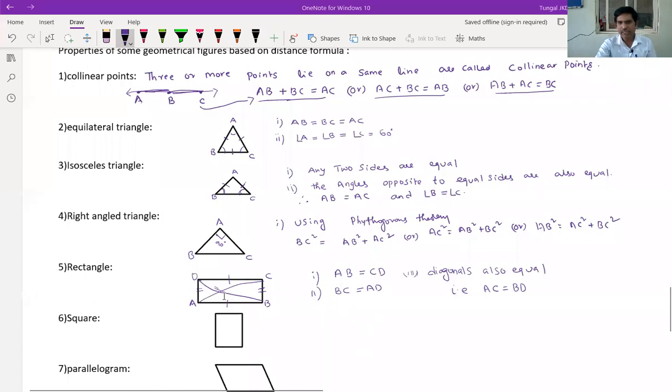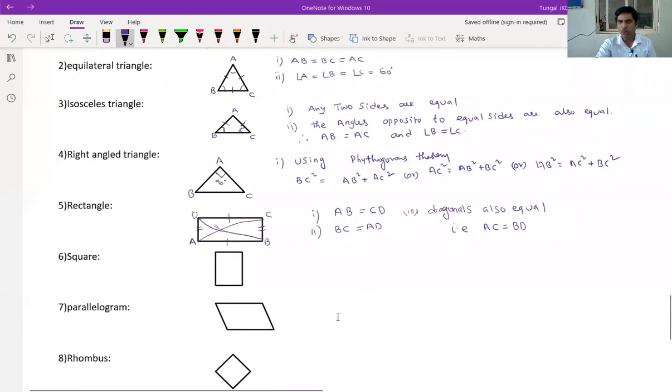Still there are other properties, like each angle is 90 degrees and diagonals bisect each other. We can list many properties, but regarding the distance formula, these conditions are enough to prove the given 4 points form a rectangle.